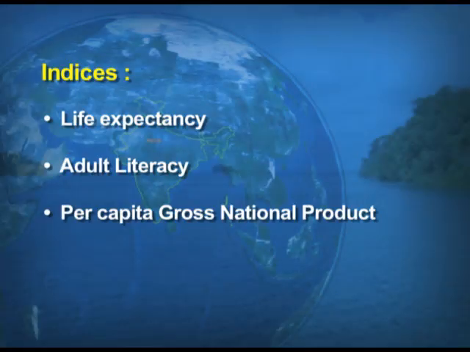Thirdly, we talked about the indicator of the standard of living or the decent style of living of the people. For that, the index is per capita gross national product.